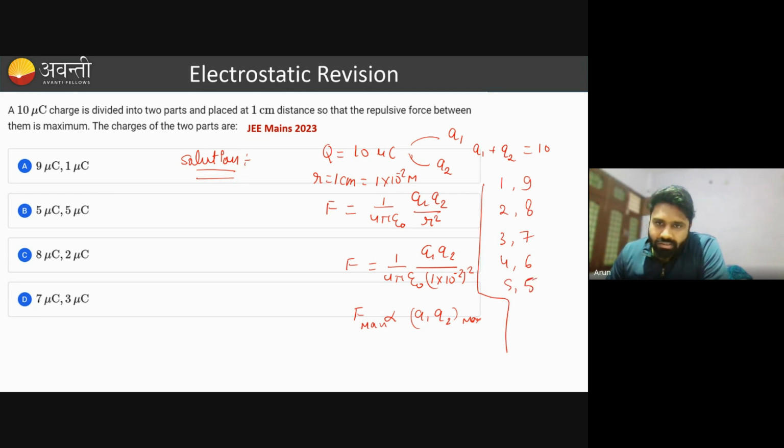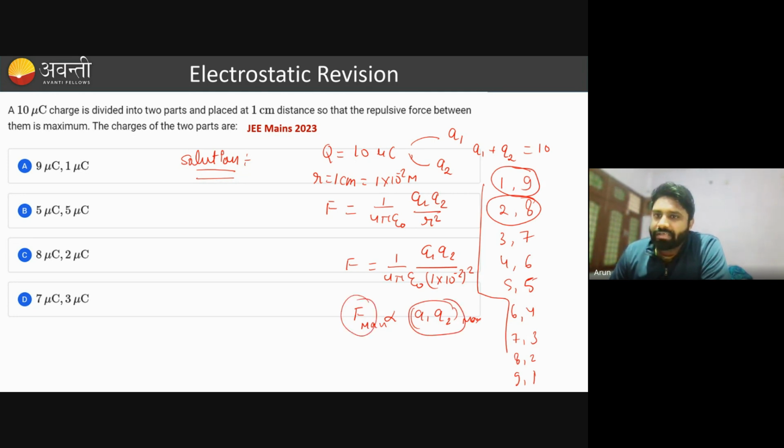If you get 6, the other will become 4. If you get 7, it will become 3. If you get 8, it will become 2, and similarly 9 will become 1. So you need to check which product of these charges is maximum, because if the product is maximum, the force experienced is maximum.